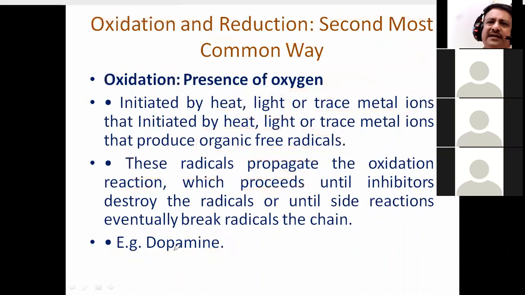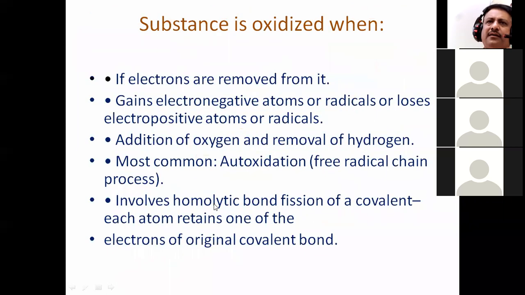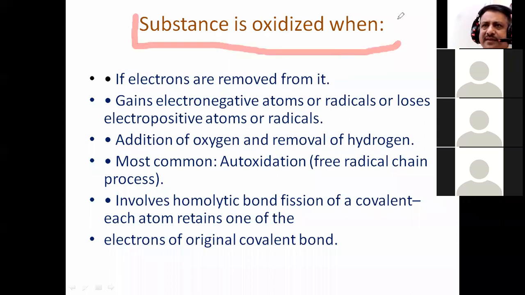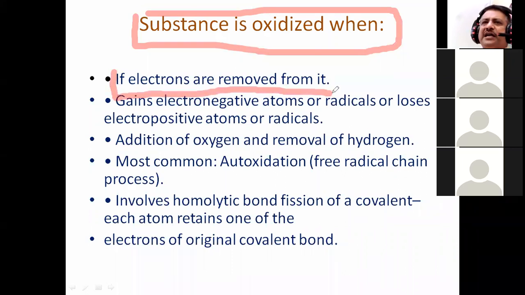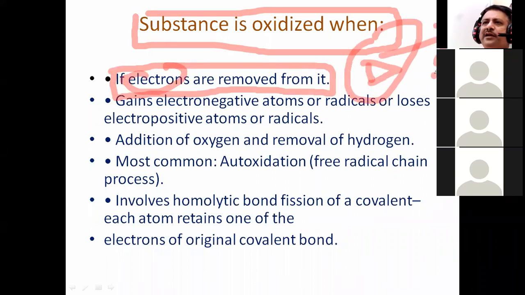Moving further with our discussion, first try to understand when a substance gets oxidized. Firstly, when the electrons are removed from it. Suppose you have a substance, that is a drug, and from that you remove the electrons, then it will lead to oxidation.